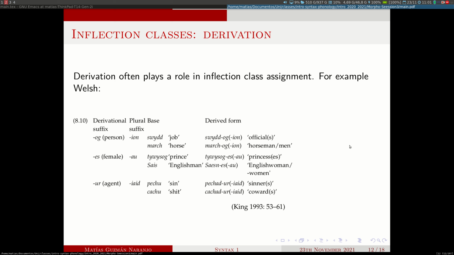Derivation can also play a very big role in inflection class assignment. Here are some examples from Welsh, and take a look at it a second. Try to figure out what's going on and why this is an important issue.